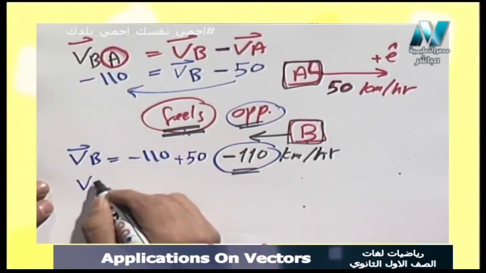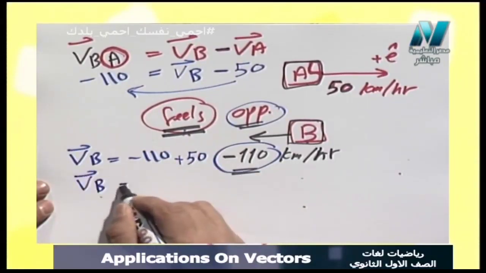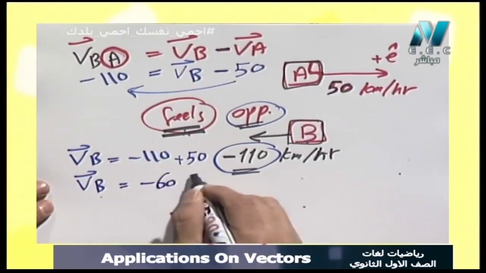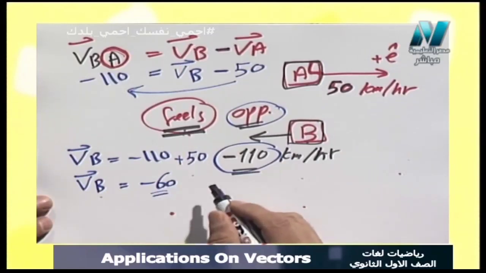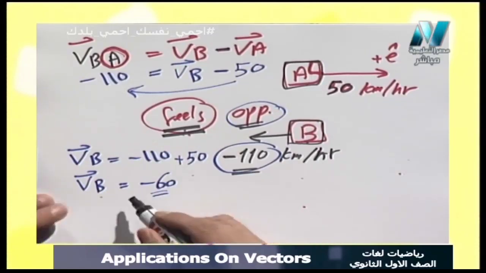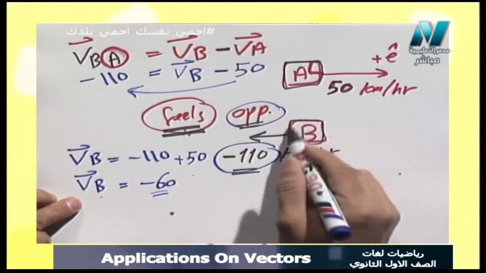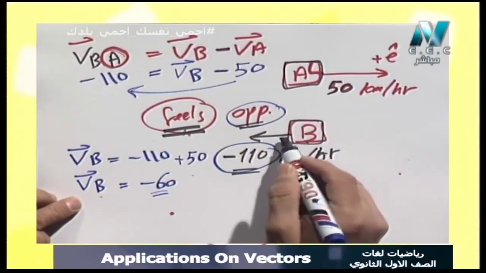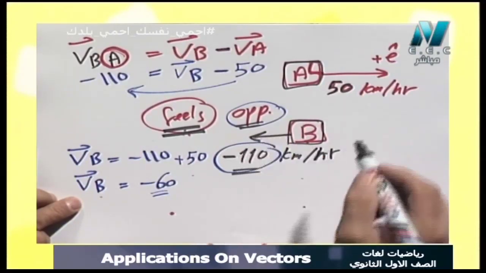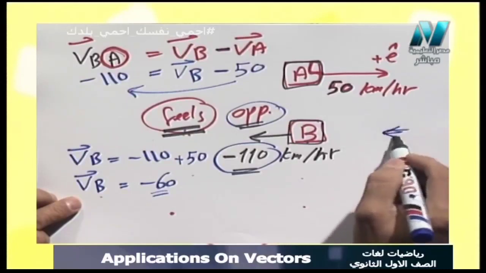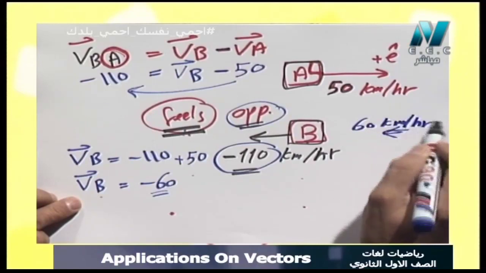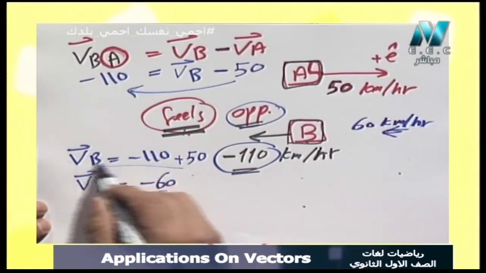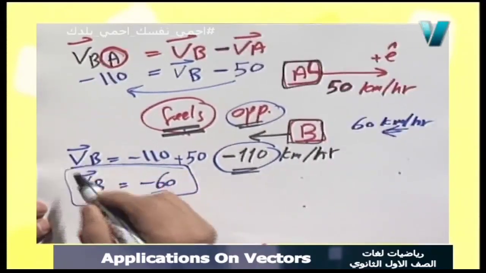So VB here equals negative 60 kilometers per hour. That means that the car B actually moves in the opposite direction with velocity 60 kilometers per hour. And we have the answer now.